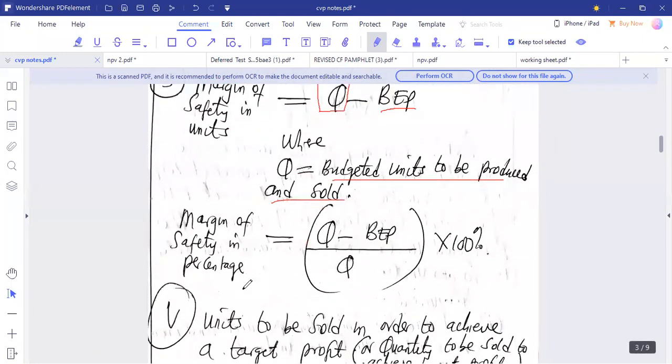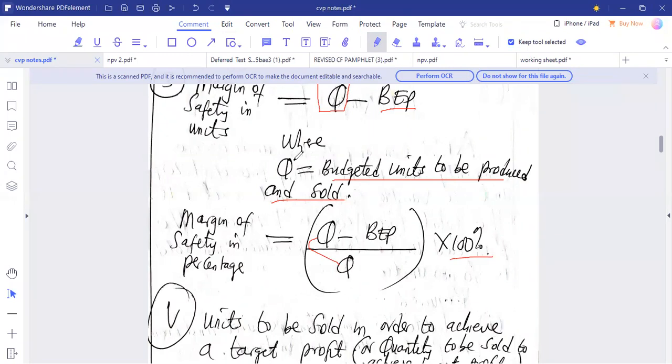Margin of safety in percentage is equal to Q minus the BEP, then you divide by Q, then multiply by 100%. So this is margin of safety in percentage. We are simply saying we are now producing units of a commodity above the break-even point in order to generate profit.